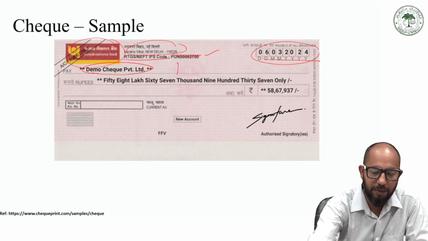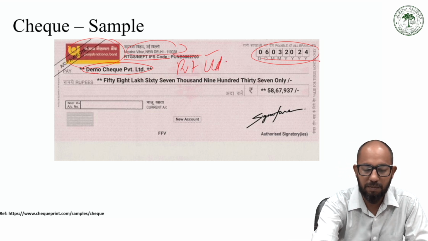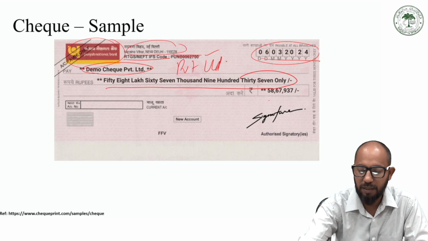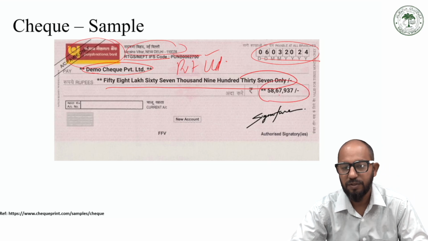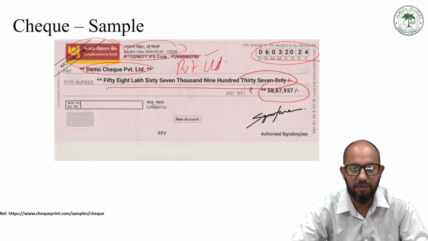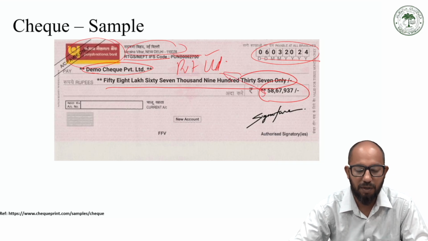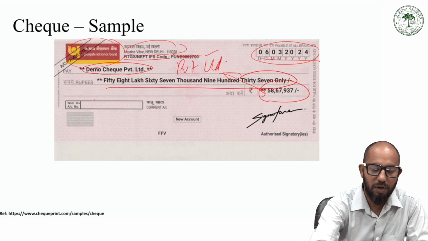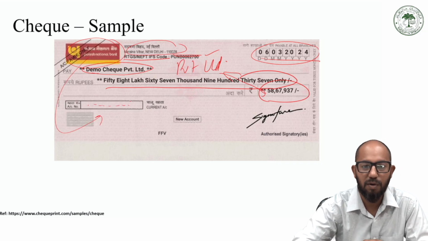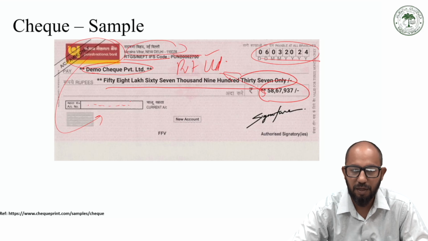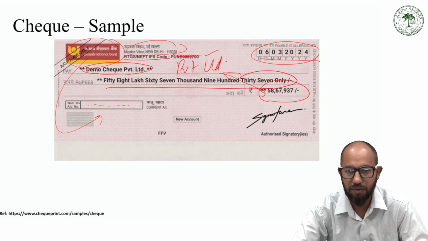How much you are paying, that amount is written in words and in figures: 58 lakh 67,937. You can see these two things should match properly. Then the account number of the holder whose account is in Punjab National Bank. Generally the account number is automatically printed on the check, but because this is a sample, we have not shown it.